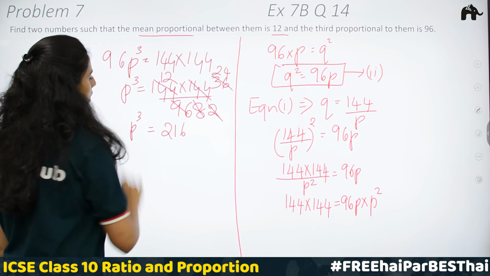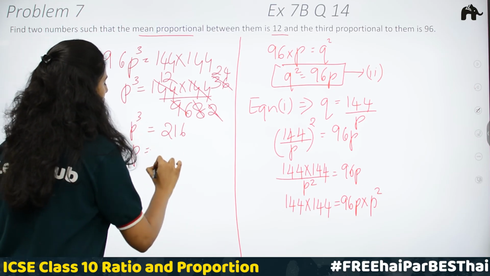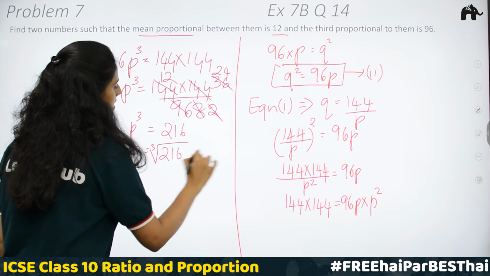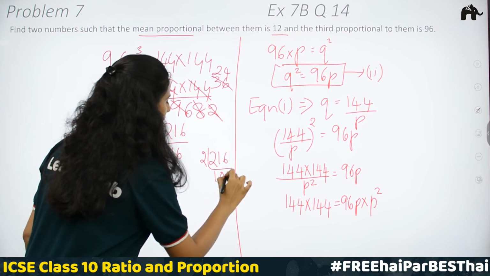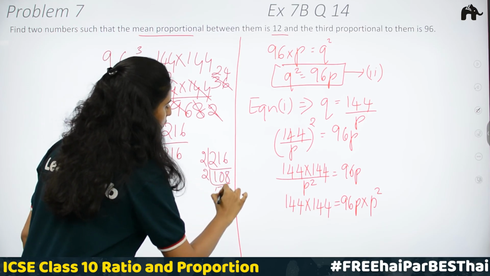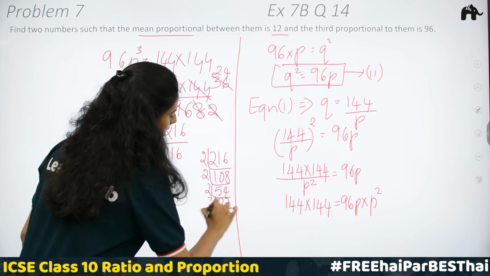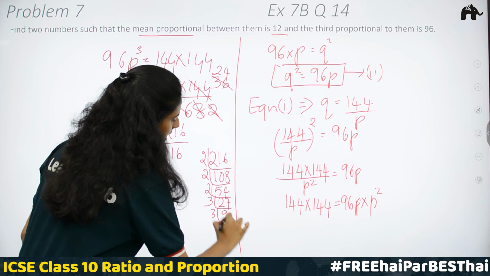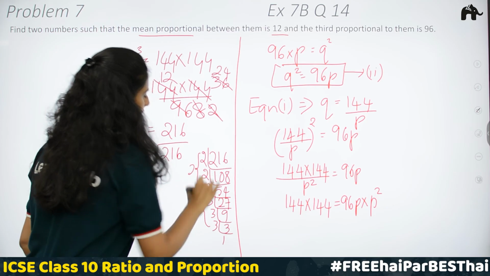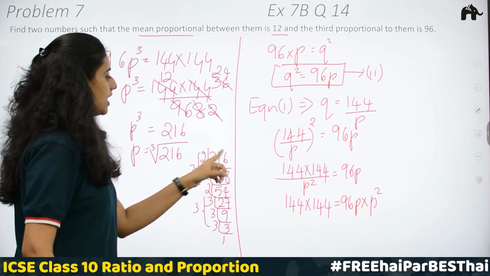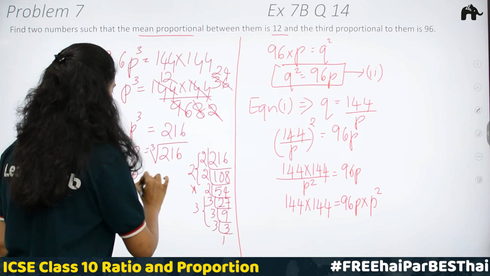P cube is equal to 216, from which we can find the value of P. We need to take the cube root of 216. 216 dividing by 2, we get 108. Again dividing by 2, 54, 2, 27, 3, 9, 3, 3, 3, 1. Taking this, we get the cube root of 216 is 2 into 3, 2 into 3, 6. Therefore, P is equal to 6.